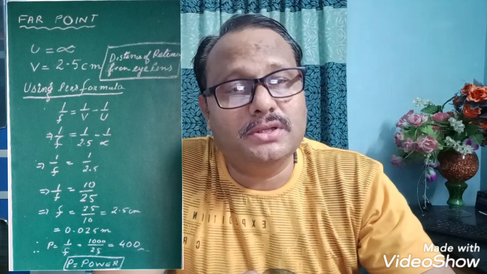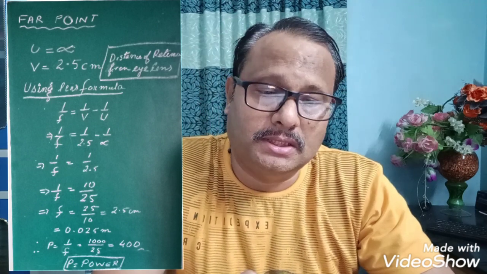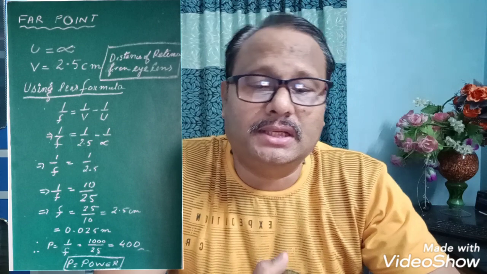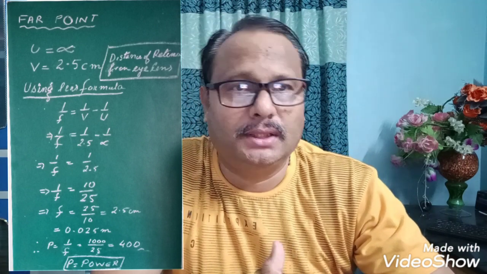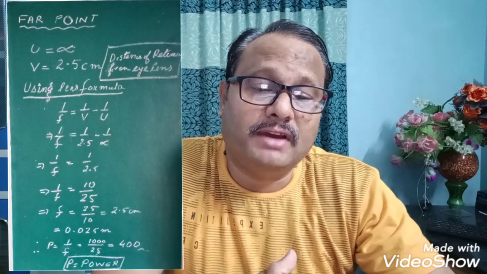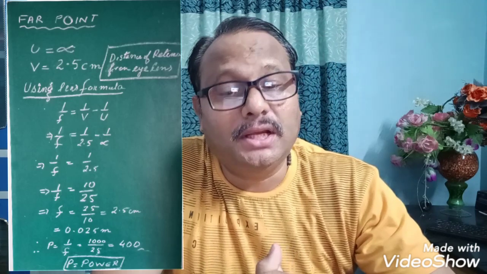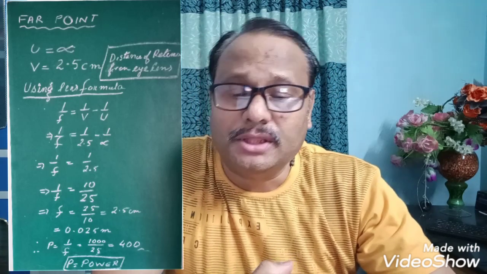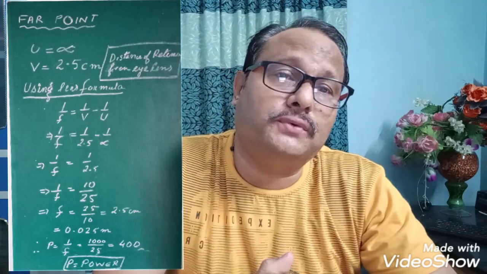So f is equal to 25 by 10, or 2.5 centimeter, which is 0.025 meter. Now the power P is equal to 1 by f, that is 1000 divided by 25. So we get 40D.